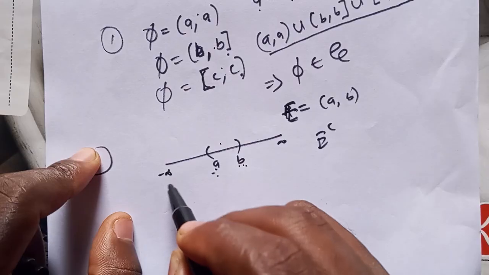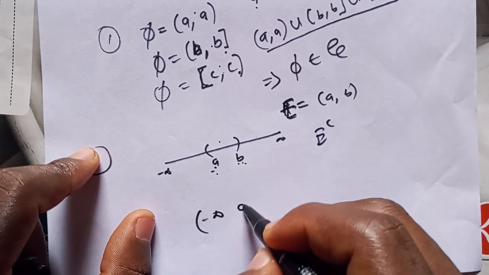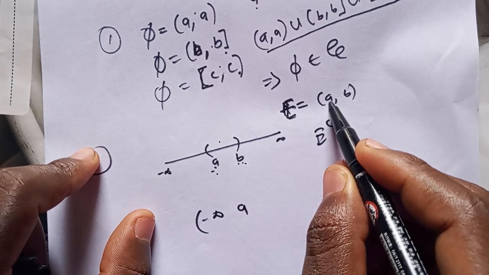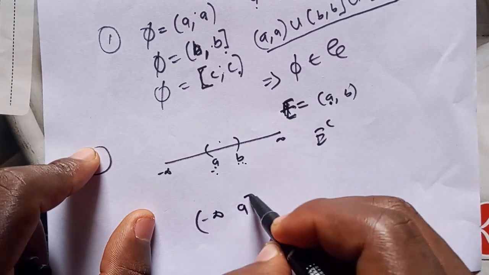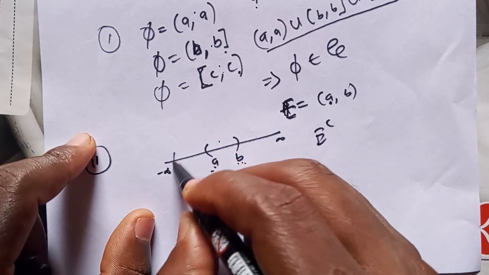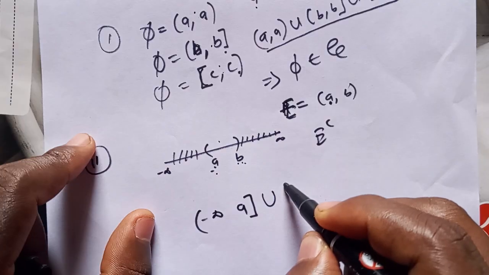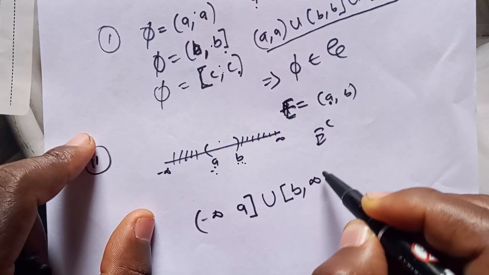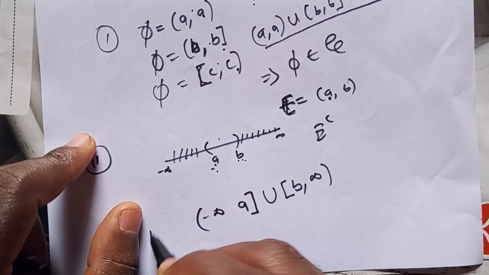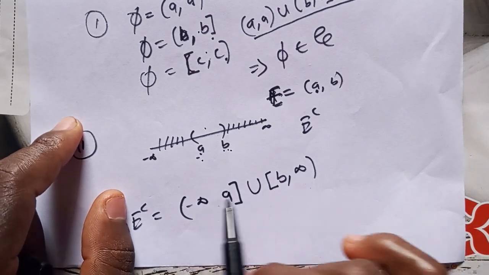So the complement is simply minus infinity to a, where a is not included, union b to positive infinity, and this is my E complement. Now observe that these two intervals are disjoint.